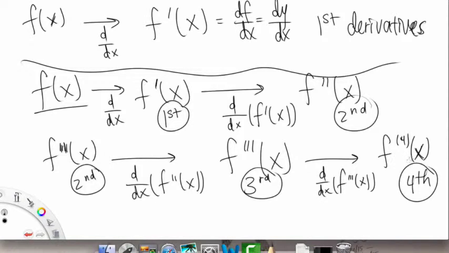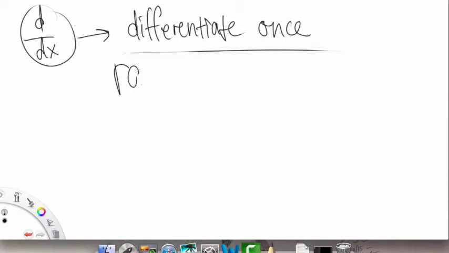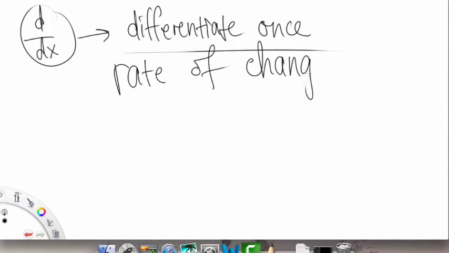Each of these, it's important to note that whenever you take the derivative with d/dx, you differentiate once. This signifies a rate of change of whatever you are taking the derivative of.